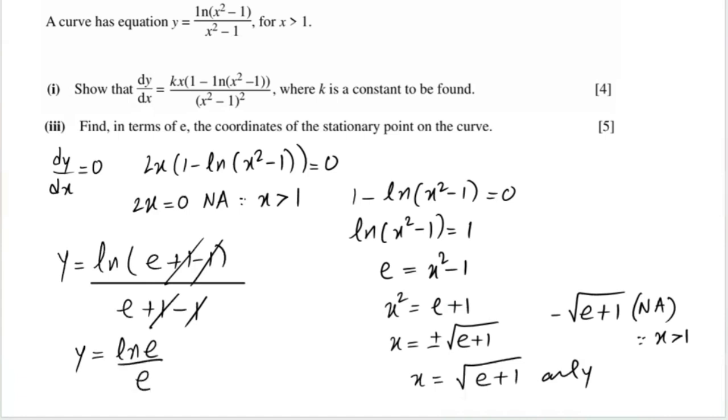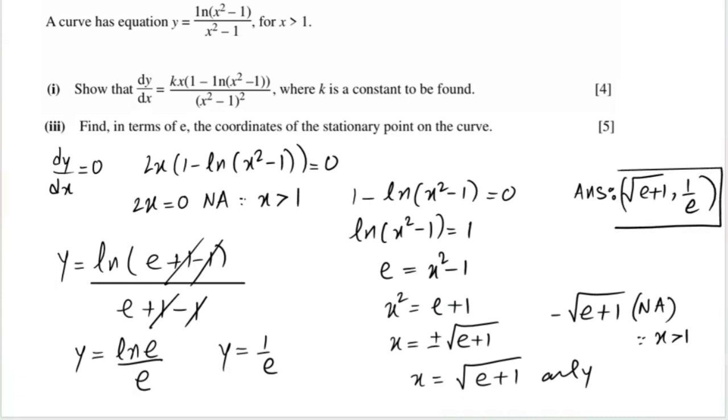In the denominator, I have e. Do you know what is natural log of e? It's 1, right? So y is going to be 1 over e. So finally, you can give your answer as root of e plus 1 and 1 over e. So these are the coordinates of the stationary point on the curve.